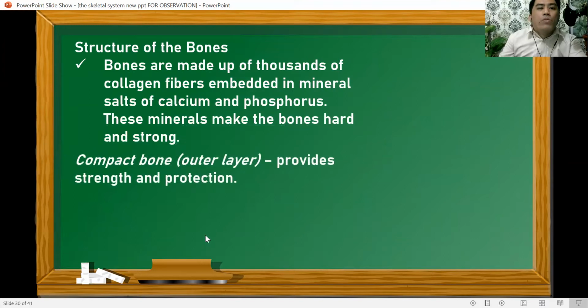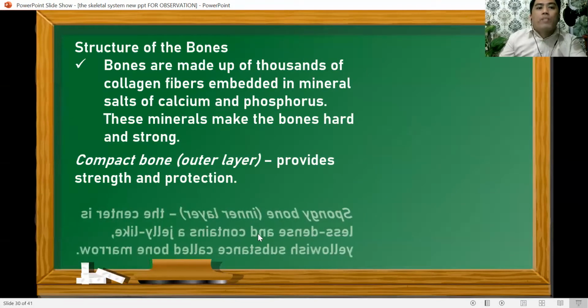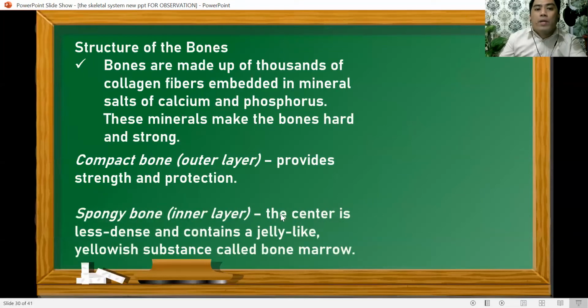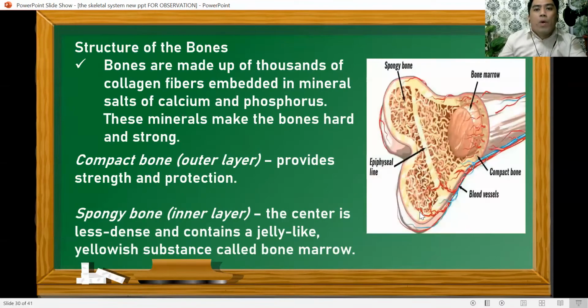So compact bones, the outer layer provides the strength and protection. While the spongy bones, inner layer, the center is less dense and contains a jelly-like yellowish substance called the bone marrow. Okay, hindi buong buto natin matigas. So sa labas lang, yung outer layer lang niya ang matigas, yung tinatawag na compact bone, siksik. Okay.